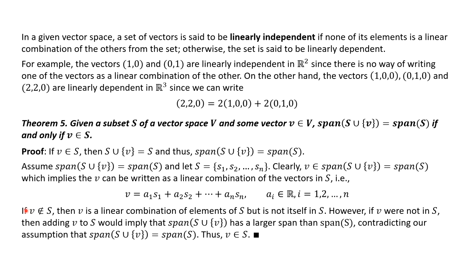And if we assume v is not an element of S, then v is a linear combination of elements of S, but is not itself in S. However, if v were not in S, then adding v to S would imply that the span of S union {v} has a larger span than the span of S, contradicting our assumption that the span of S union {v} equals the span of S. So that means that v has to be in S.